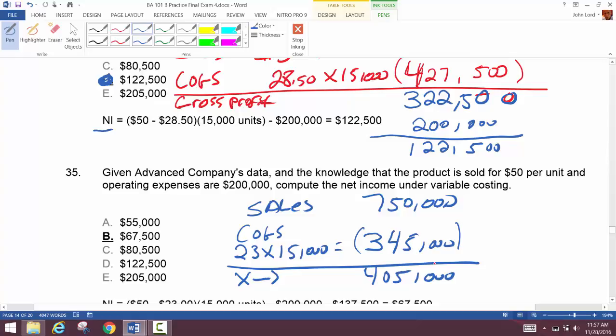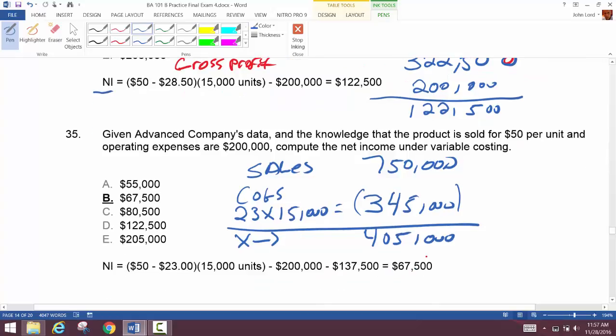Now I need to sit here and do what? Take off the operating expenses of 200,000. So my operating expenses are 200,000. And then you say you want me to do what? Now you want me to take the fixed overhead because we are using variable costing here, right? And the fixed overhead was this 137,500, right?